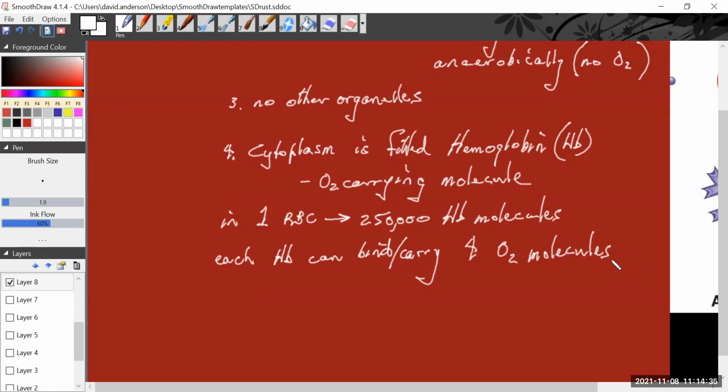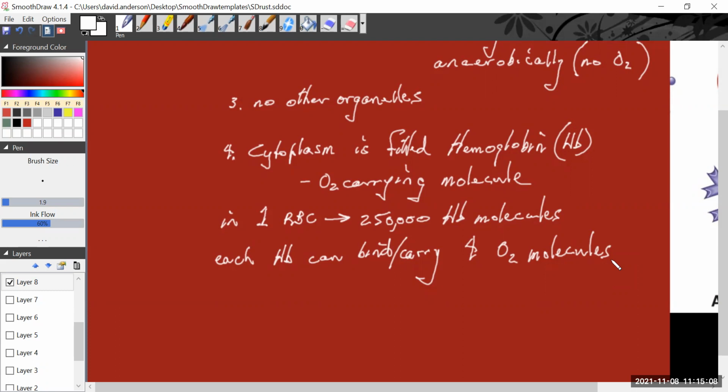It has huge capacity to carry oxygen, and that tells you that it must be very, very important to carry oxygen. And these red blood cells determine what's called the hematocrit. The more red blood cells in blood, the thicker your blood gets. And that can be a problem. If blood gets too thick, it becomes difficult to travel through smaller blood vessels. So the numbers of red blood cells become regulated, closely regulated, like everything else does in homeostasis.